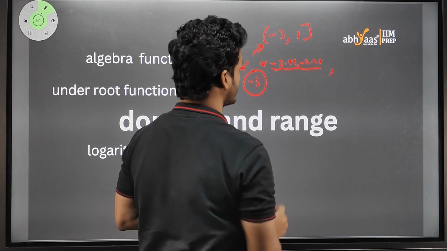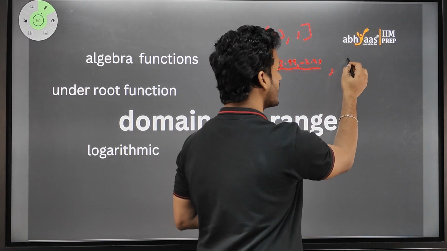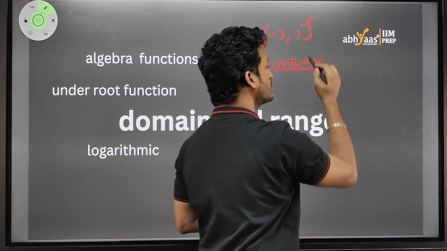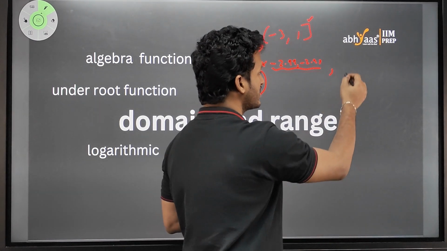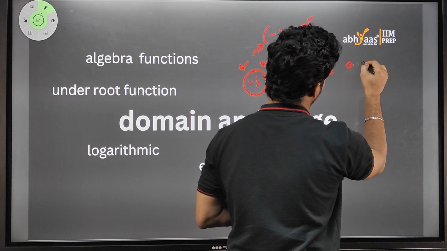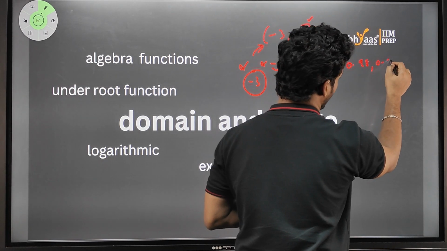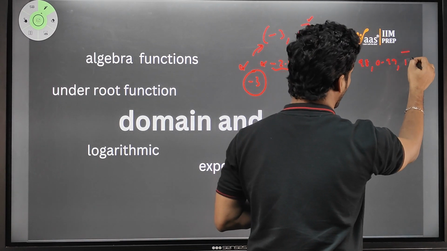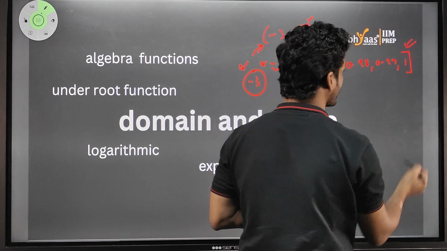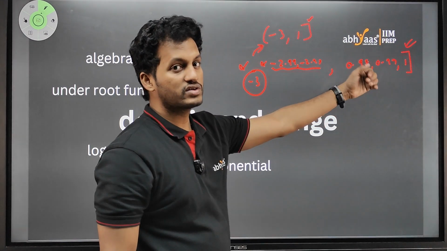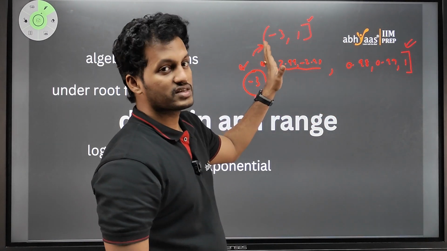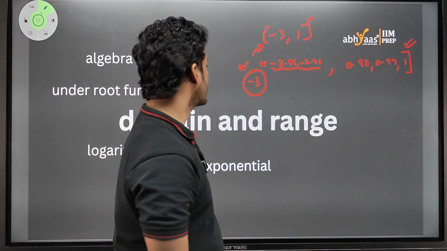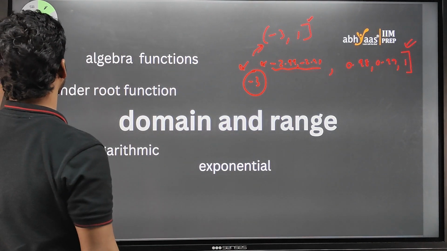Only -3 is excluded, and all these values are there. And coming to the closed bracket at 1, that means I have to include 0.98, 0.99 and 1 also. This closed bracket means I have to include that value too, and here -3 is excluded. Okay, this is the meaning of this. And what are the flower brackets? Comment that.